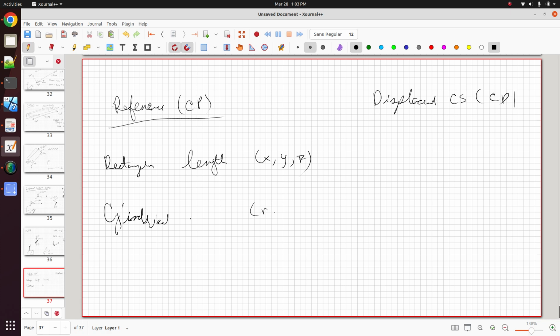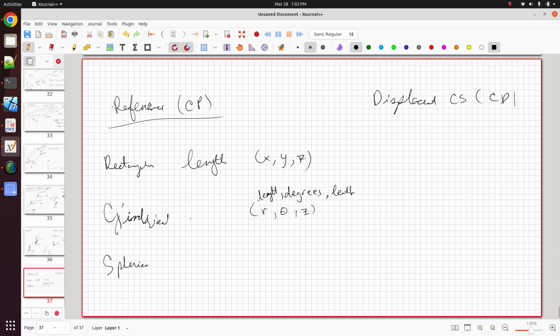You have an R, a theta, and a Z. So here you have length, you have degrees, and then you have length again. So this could be a meter, an inch, and so on.